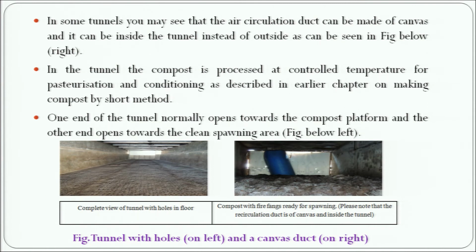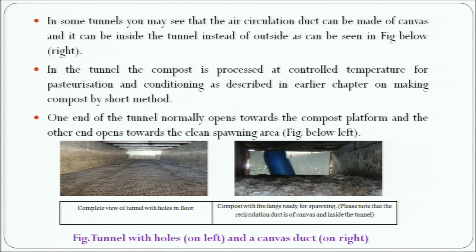In the tunnel, the compost is exposed to controlled temperatures for pasteurization and conditioning, as described in the earlier chapter on making compost by the SART method. One end of the tunnel normally opens towards the compost platform and the other end opens towards the clean spawning area. You can easily see in the figure how they have established all these things.